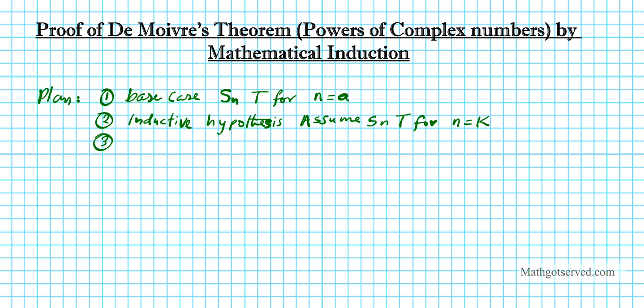Then in step 3, known as the inductive step, if we can show that truth for Sk, the inductive hypothesis, implies truth for the next step, Sk plus 1, then we're done.